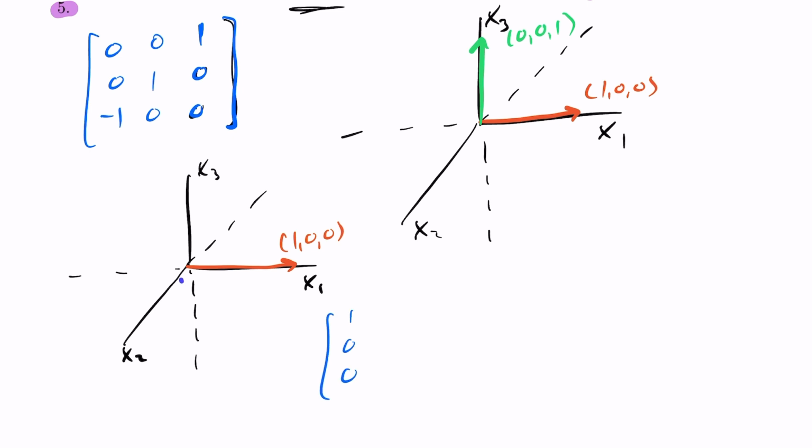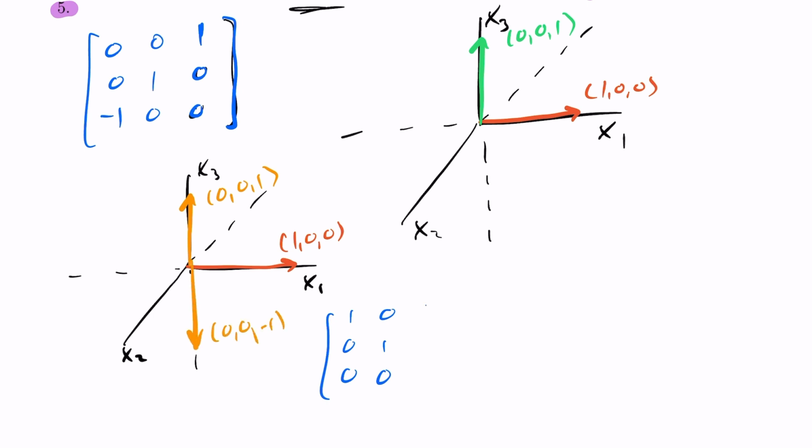If you take a look at 0, 1, 0, same thing, that will also be unchanged. And lastly, the vector that is affected is this vector here, 0, 0, 1. If you reflect this in the x1, x2 plane, it's going to go in the opposite direction, straight down, and this is going to be 0, 0, -1.